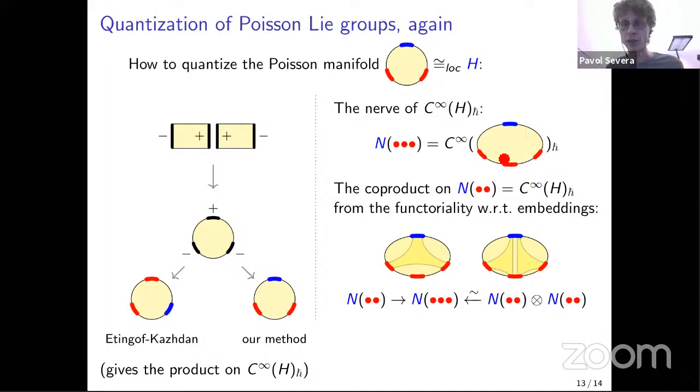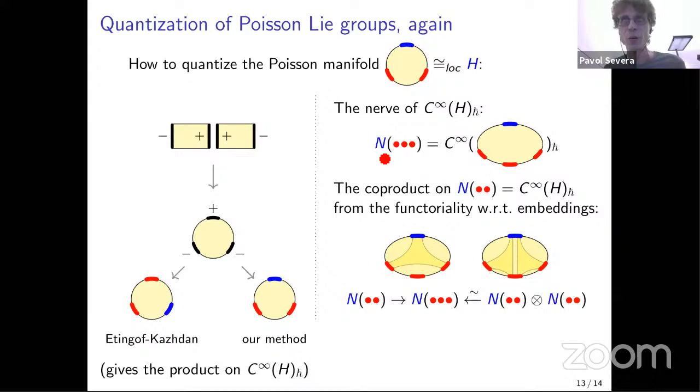And now we should see how to get the product, the map which goes from H times H to H. Okay, so for that, we simply can place our small moduli space again as a subsurface here. And that way we get really that map going from H times H to H. So then we can basically do the same stuff with those quantized algebras.